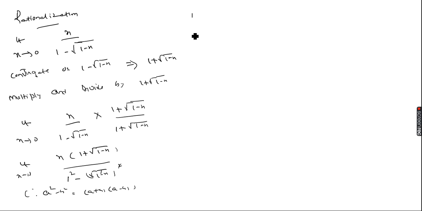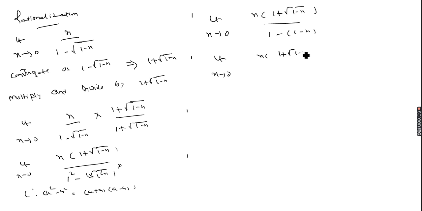So therefore, limit x tends to 0, x into 1 plus root of 1 minus x by, this form is 1 minus 1 plus x, so it is nothing but x.